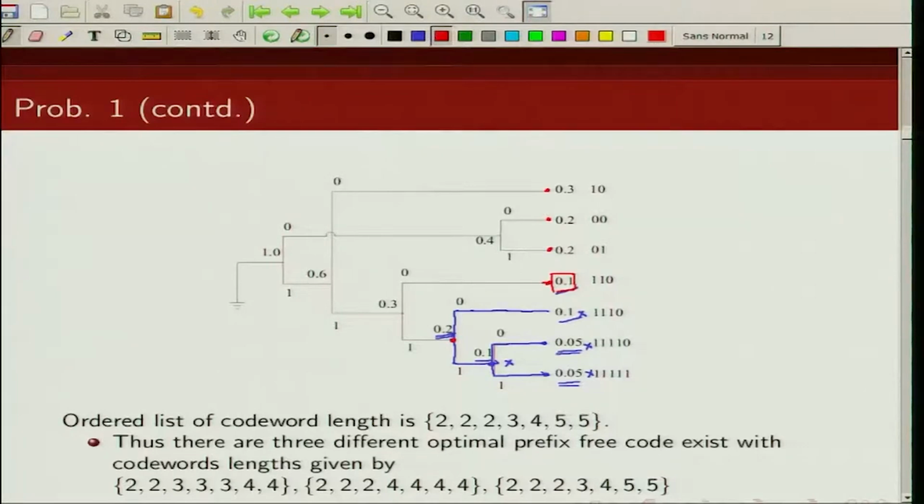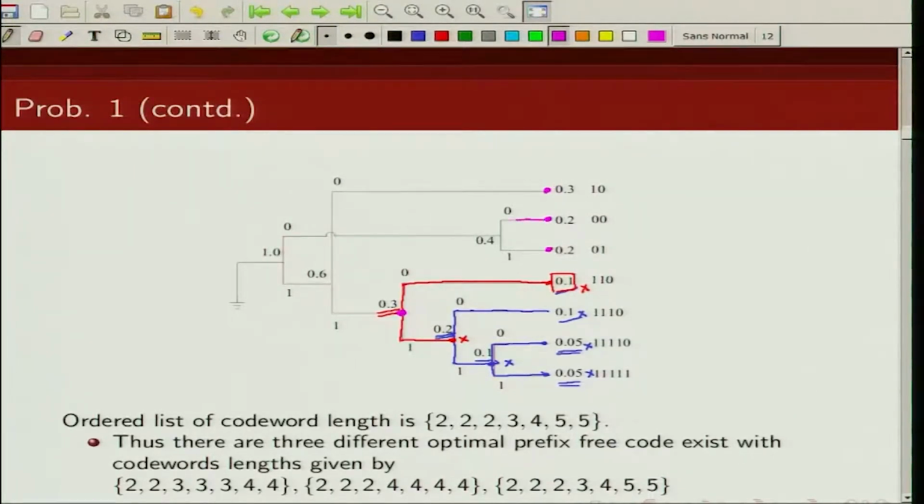So if I combine this with this, I create a new node with probability 0.3. I deactivate these 2 nodes. So at this point my active nodes are this one with probability 0.3, this leaf with probability 0.2, this one with probability 0.2 and this one with probability 0.3.